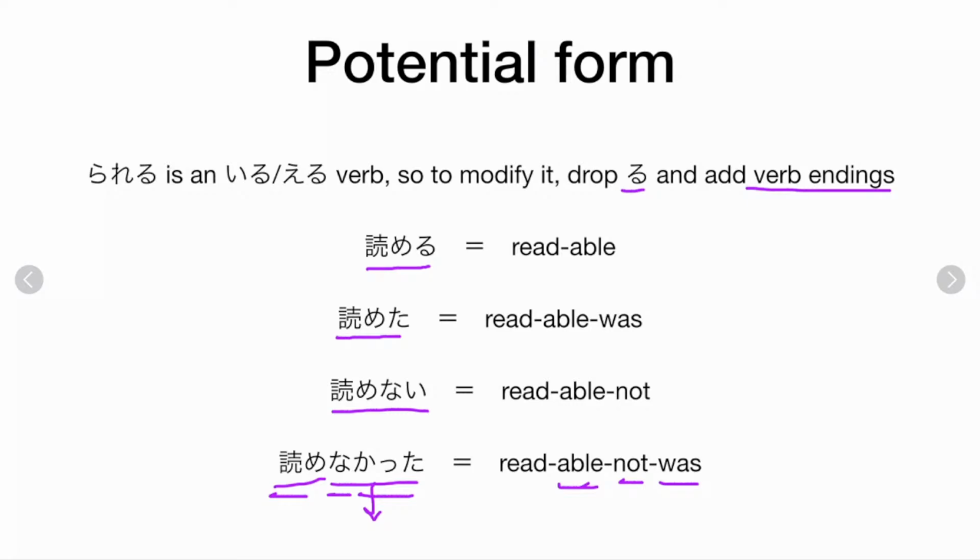Can I, as in when you're asking if you can. It depends. If you're talking about asking for permission, no, you wouldn't use rareru. Because technically speaking, even in English, a pedantic English teacher will say this: you should not be asking for permission with can, even though everyone does it.